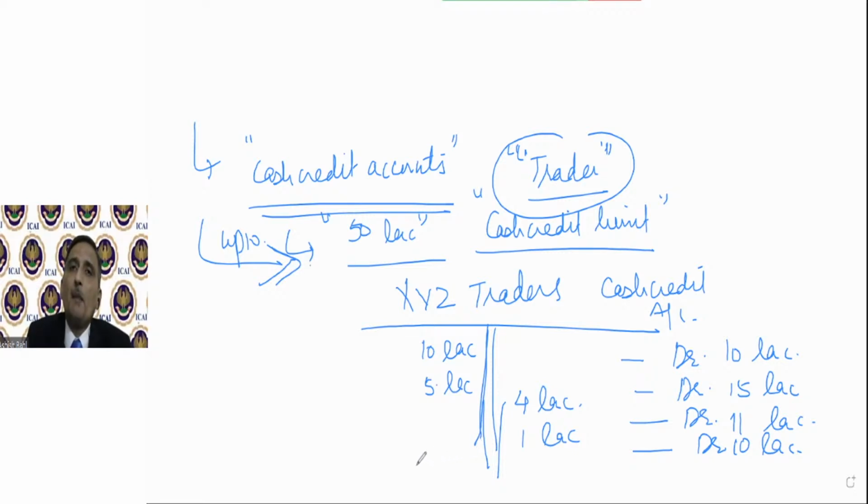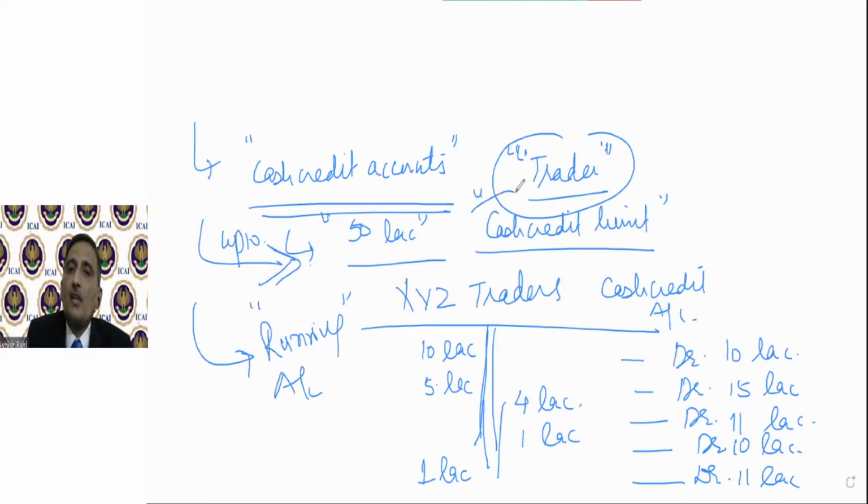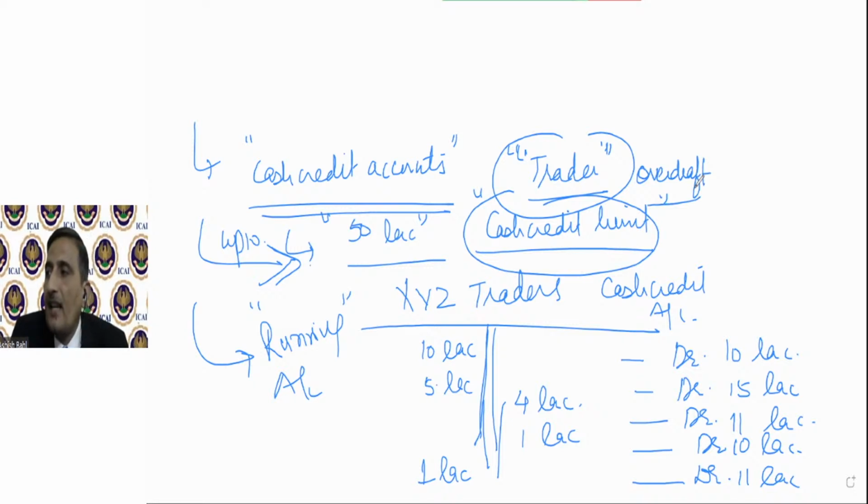I have to make payment for salaries to staff. Say I issue checks of various amounts of 1 lakh. So again my balance goes to 11 lakh. This way, it is a running account, which we call a cash credit account or overdraft account.